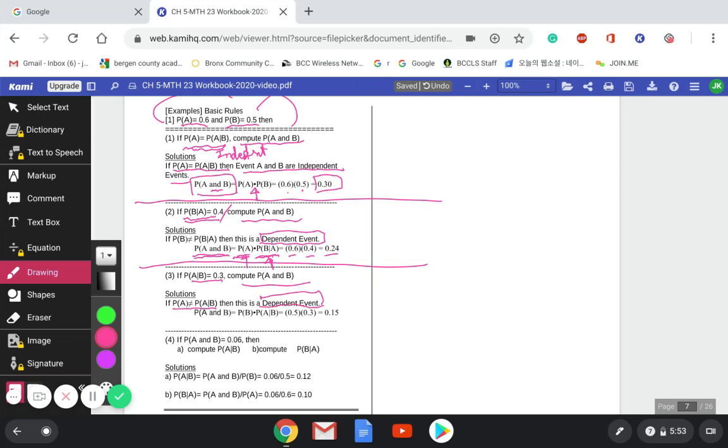Because they gave you A given B, the first event has to be probability of B, because B is the first event. So you don't choose probability of A here, you choose probability of B here because of this B. Then 0.5 times 0.3 is 0.15.